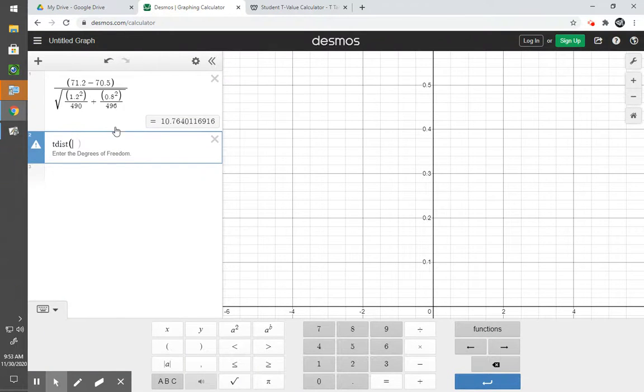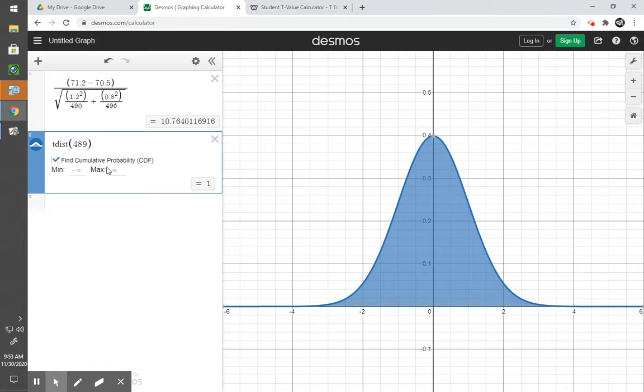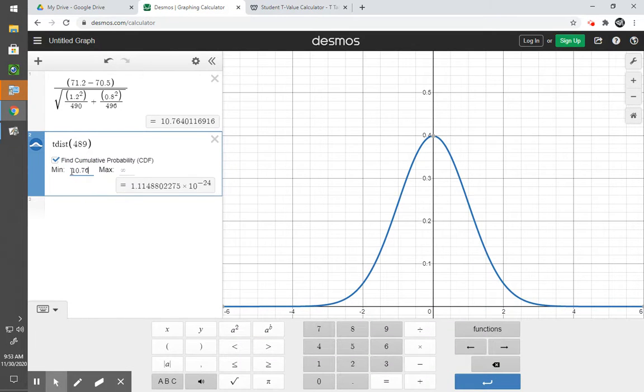My degrees of freedom, because the smallest set is 490, that means 489 is the degrees of freedom, one smaller than the smallest set. I need to find the cumulative probability. Remember, it's a right side tail test, so my minimum value is 10.76. You can see we have a massively small number. At 1.1 with negative 24, we're going to round our p-value to 0 under all circumstances here.